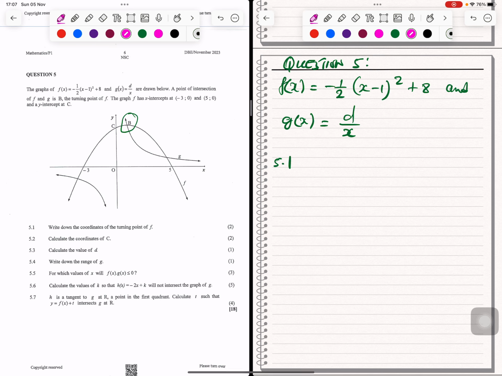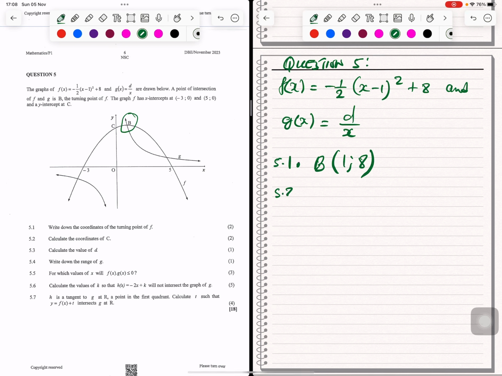So the coordinate of the turning point B is going to be 1 and 8. You equate this part to 0 and solve for x; we call that the axis of symmetry. But because they are saying write down, we must just give them what they want, which is B equaling 1 and 8.